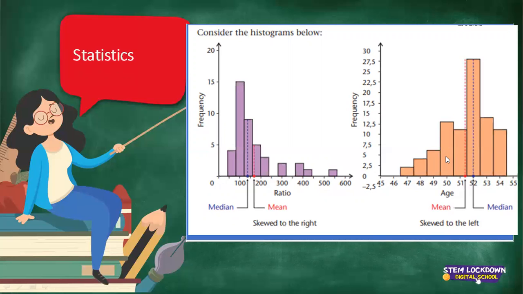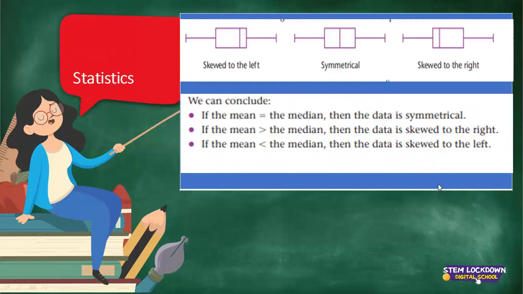That is skewedness, and then symmetrical data. You should be able to understand this concept. Using a box plot, we can represent symmetrical data like this, whereby the median is in between the upper and the lower quartile.